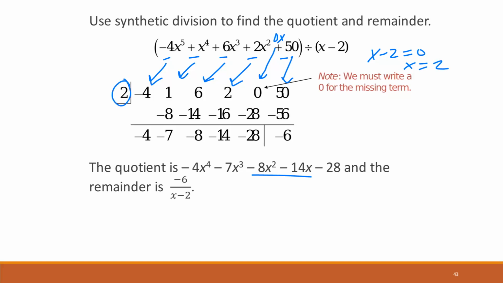So that's what goes right here, is that x is 2. So then what we're doing is we're simply bringing it down, multiplying, and then bringing that up and adding. So here we're multiplying, here we're adding. And we do that all the way through. And then when we do, we're going to end up with a final answer that's blocked off over here as our remainder.